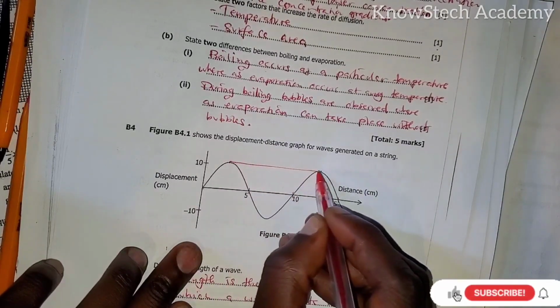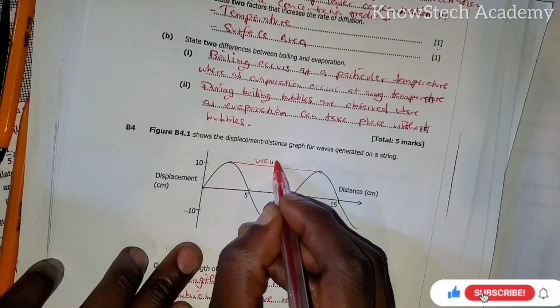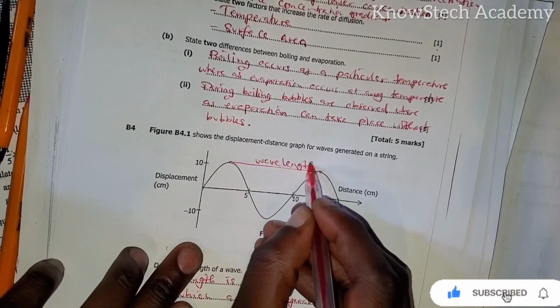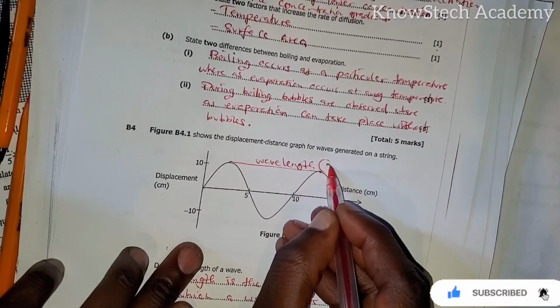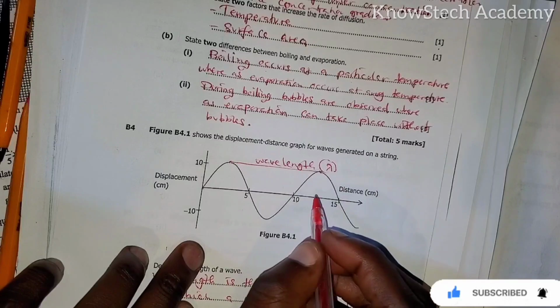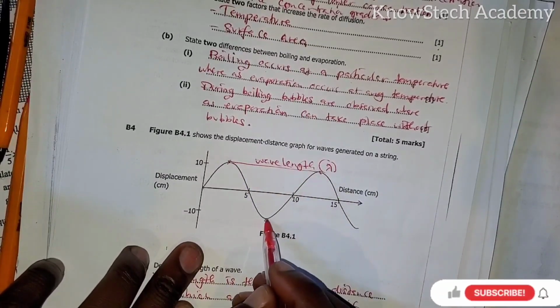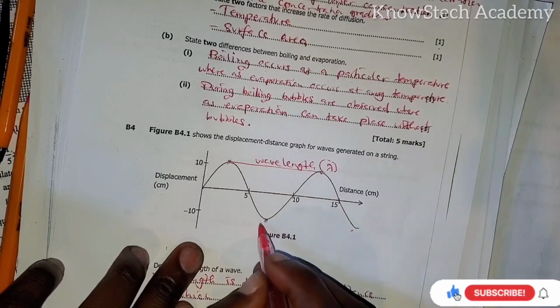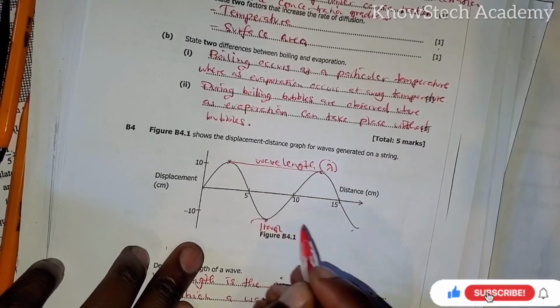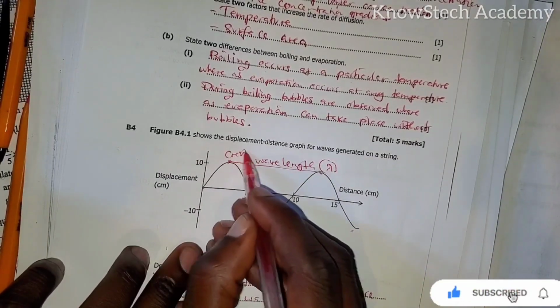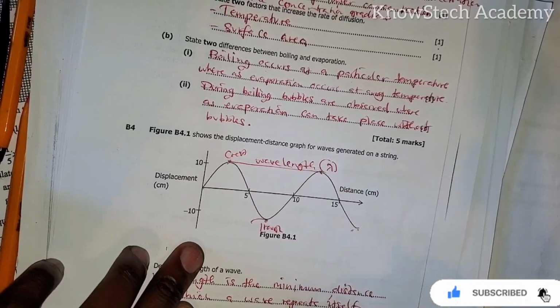The wavelength symbol is lambda. This is the crest, the highest point of the wave. The lowest point of the wave is known as the trough.